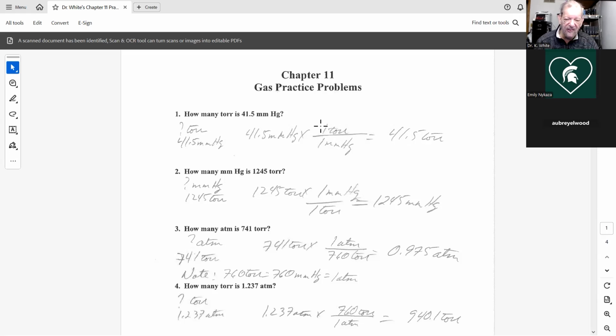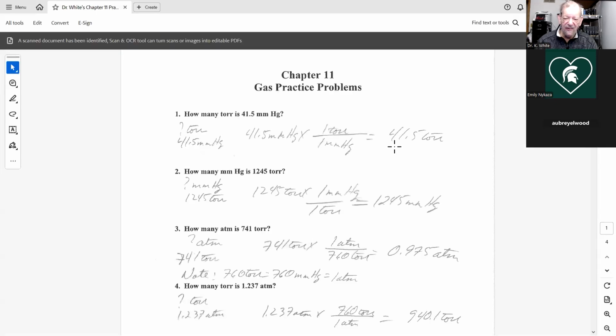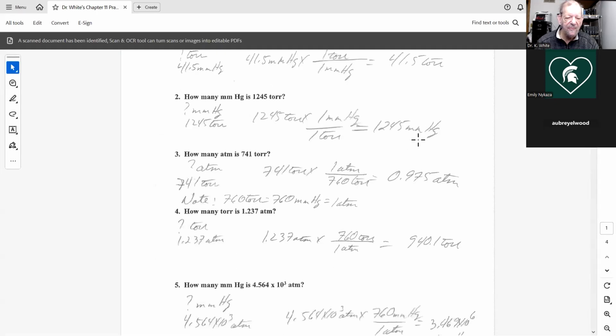If you had a conversion factor, what goes on top? Torr. What goes underneath? Millimeters of mercury. Where do you get these numbers? Important Information, Quiz 3. Remember, I changed test to quiz. That's 1-to-1, which is why I have 1 and 1, therefore it's the same answer.